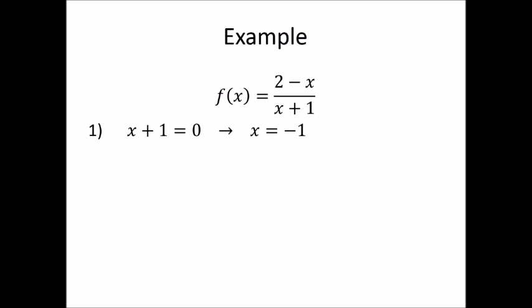So in terms of the distinction between left and right hand limits, I want you to think about approaching the value of -1 from the left, so from the negative side of the number line. As you approach -1, you're getting closer and closer to 0 in the denominator.